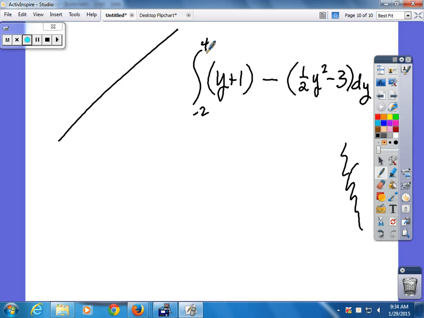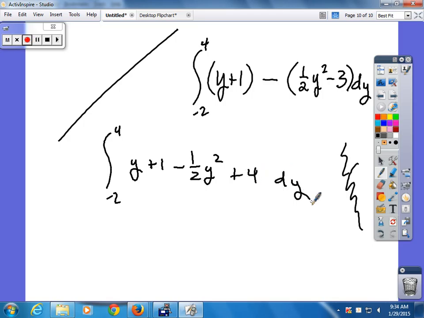4. So first of all, do your algebra. So -2 to 4 of y plus 1 minus 1/2 y squared plus 4 dy. And that's just going to combine like terms.